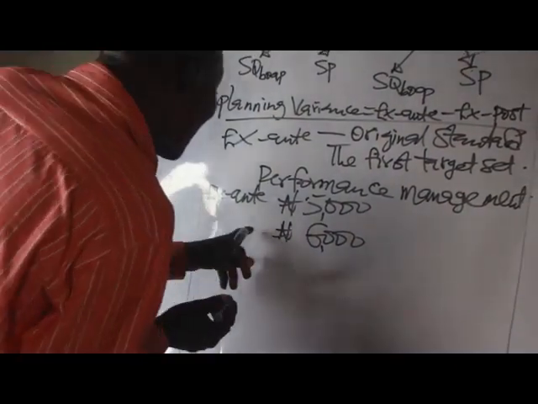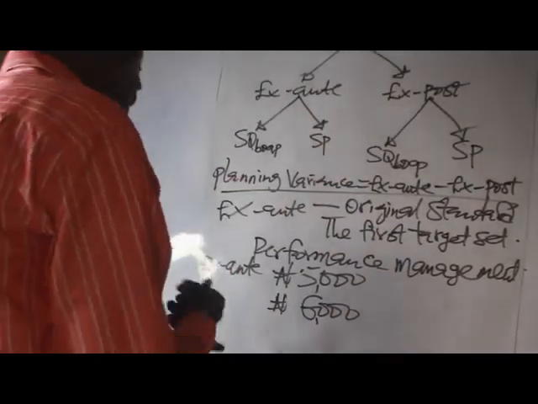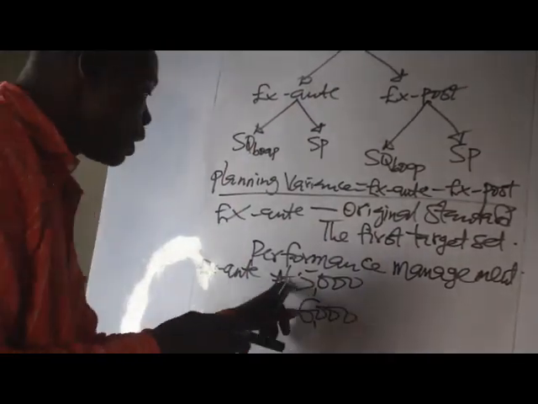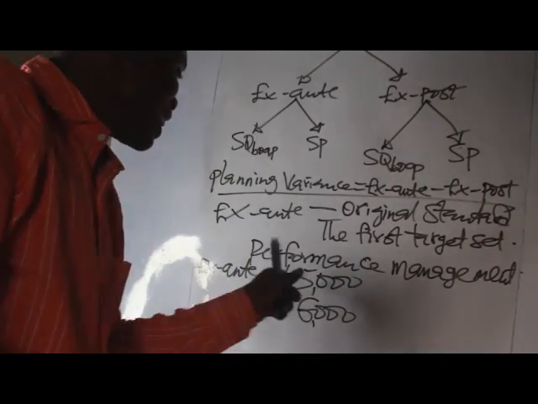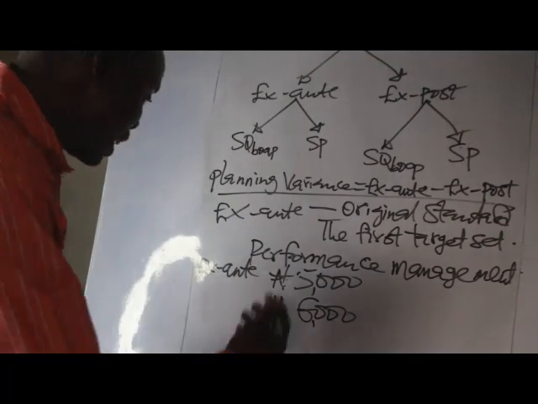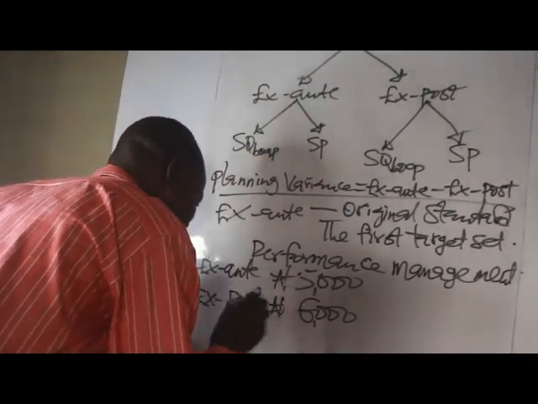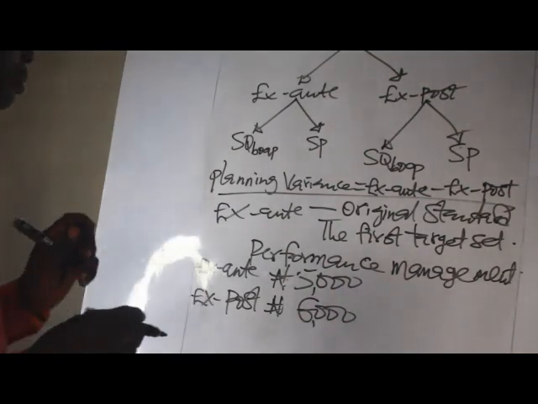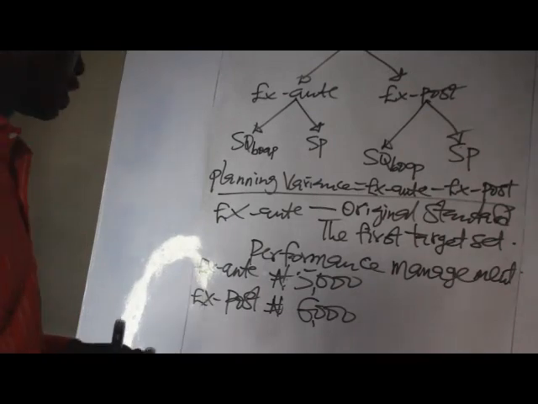So you revisit your standard. You review, you revise, you alter your initial standard. Your initial standard is called ex ante. You now alter that standard and have a new standard, which is called ex post. That is your latter standard. That is ex post.